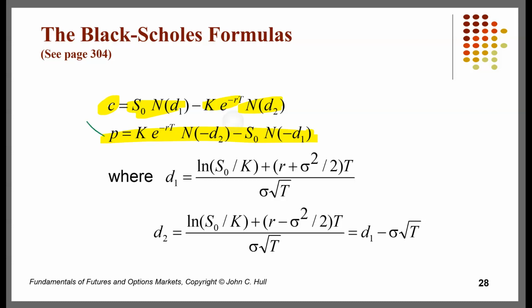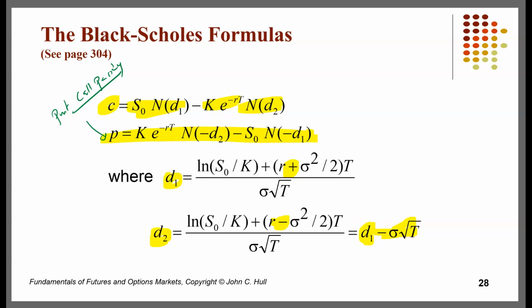So this put value uses the put-call parity, and that is essentially a direct result of what we had earlier. And d1 and d2 are exactly the same. Remember, the difference between d1 and d2 is that for d1 we use a plus sign in here, and for d2 we use a minus sign in here. And d2 is going to be equal to d1 minus the denominator, which is sigma square root of T, which is the volatility.